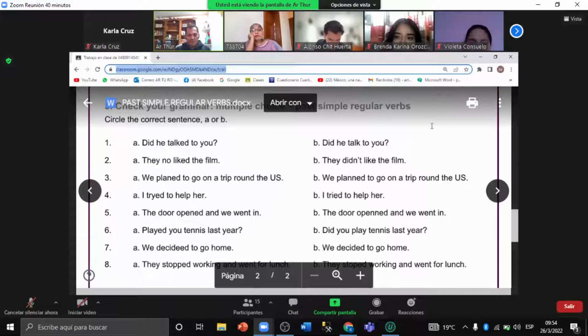The door opened and we went in, or the door opened and we went in. The letter B. Of course, it's the correct spelling, letter B. We decided to go home, with one E or just one ED.